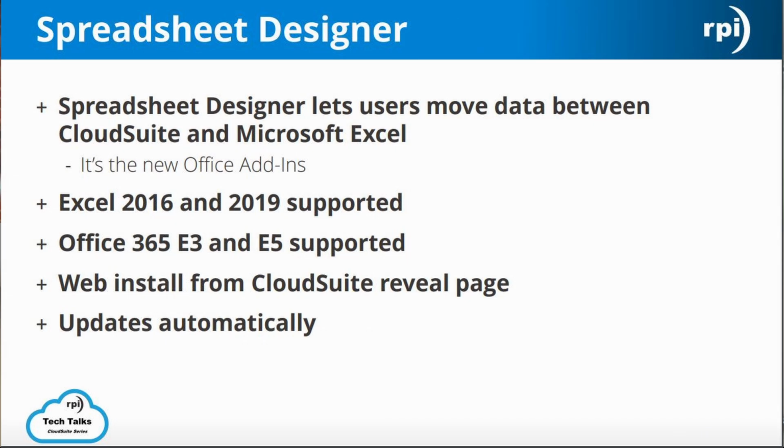Another way that folks interact with data in the Infor system is through Infor Spreadsheet Designer, so ISD. This is the replacement for Microsoft add-ins. The Spreadsheet Designer lets users query data from the system and bring it down into Excel. You can also do updates going through business classes, so full security and everything is enforced through the Microsoft Excel add-in. The versions of Excel supported for the add-in are Excel 2016 and 2019.